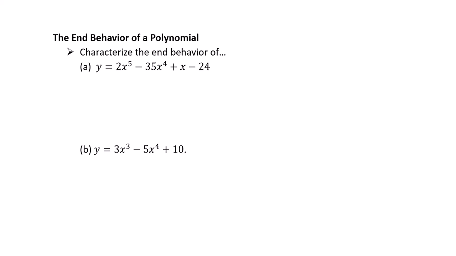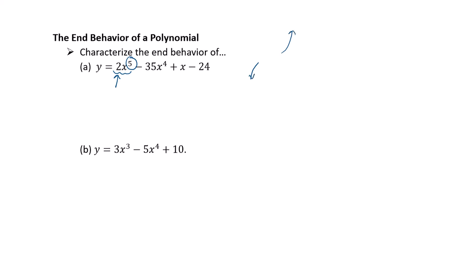Now it turns out that when we look at the end behavior of polynomials, the end behavior is determined the exact same way. We're looking at just the leading term. That determines the end behavior. This is a positive and odd, so a positive and odd is going to be something like this.